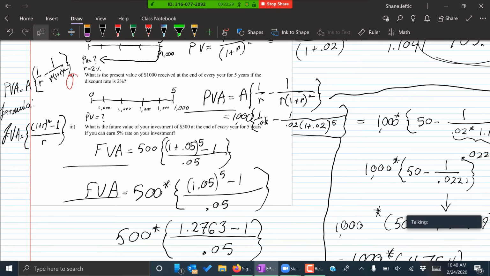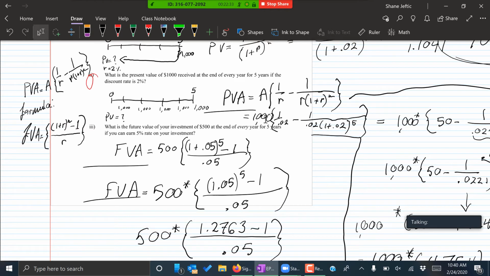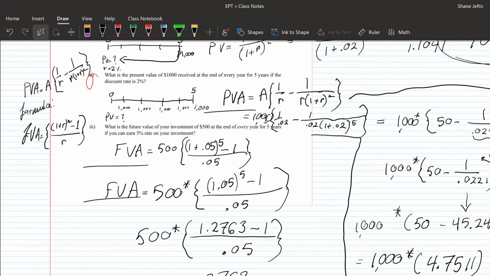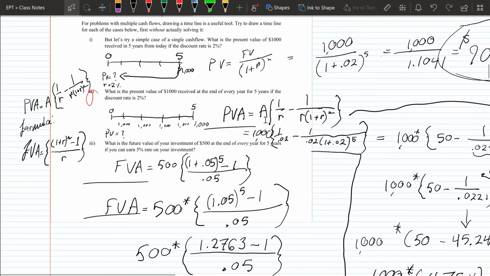Now, also, you notice how she says on this one discount rate. So the rate can be R or I over Y or whatever. The rate can be looked at 2 ways.